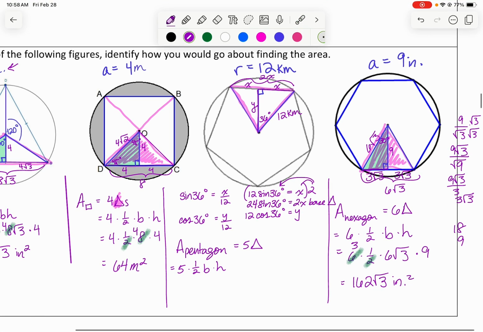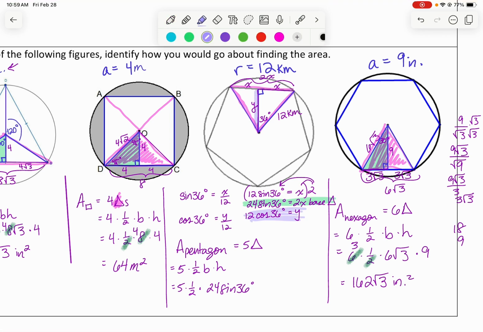So I have 5 times 1/2 times the base that we found, this 2x here, which is the 24 sine 36. That is the base of our triangle. So I'm going to type in 24 sine 36 degrees. Then times the height, which is my y value, which is 12 cosine of 36 degrees.